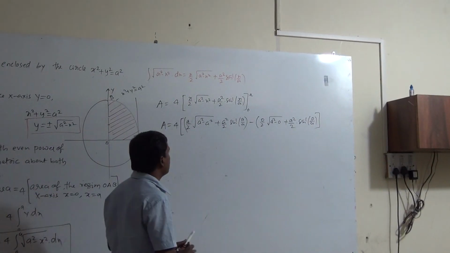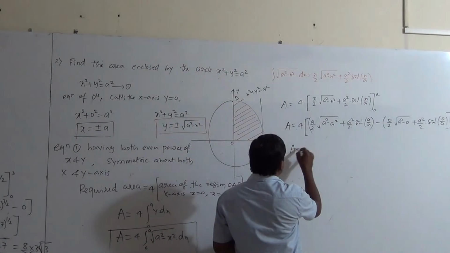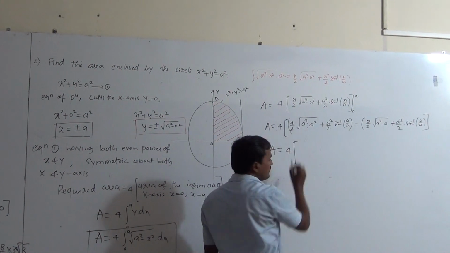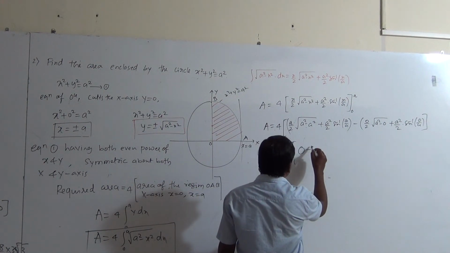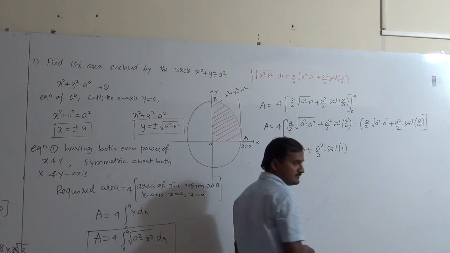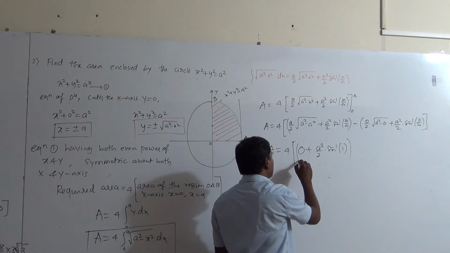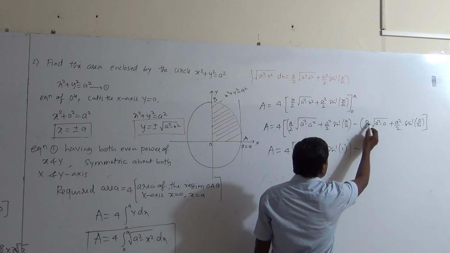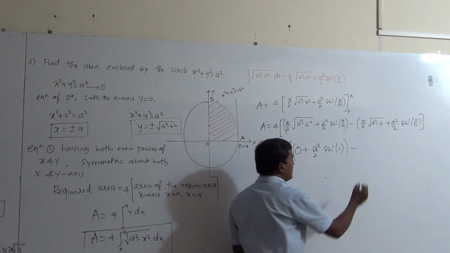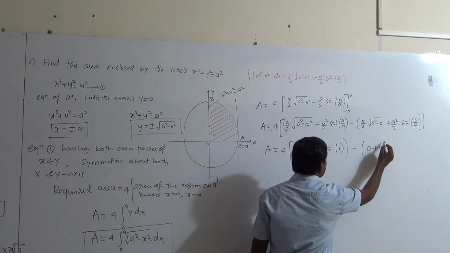Here you should observe that a by 2 times 0 is 0, plus a square by 2 into sine inverse of 1. The lower limit terms become 0, and sine inverse of 0 is 0, so again you get 0 plus 0.